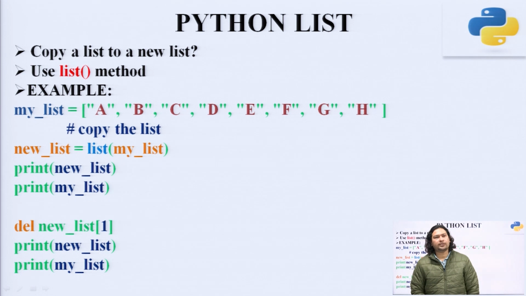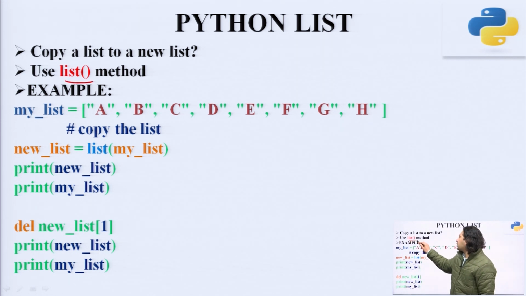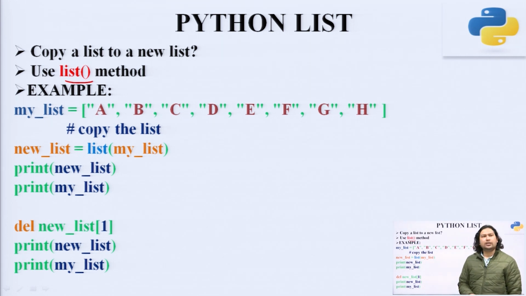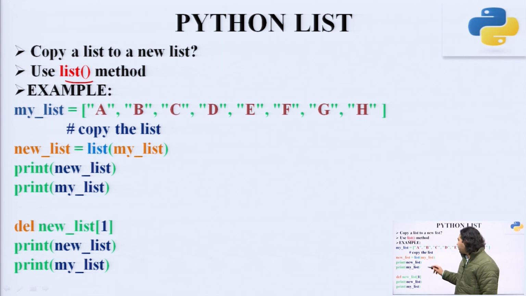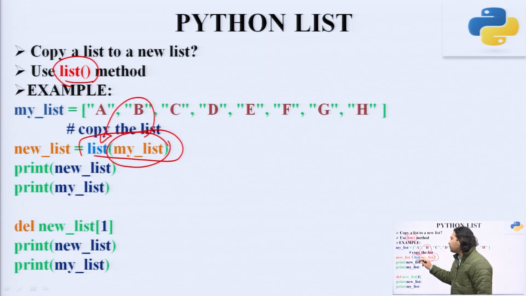Similarly, the next step is that you can use the list constructor or list method. In this, we are using the list constructor to construct a new list. We are giving the construction of this new list under the heading of new list, but we are disintegrating my list into a new list.